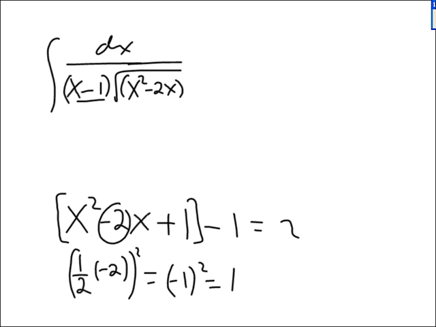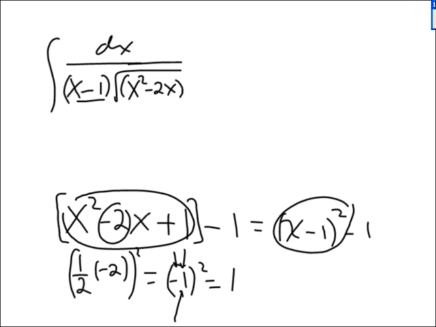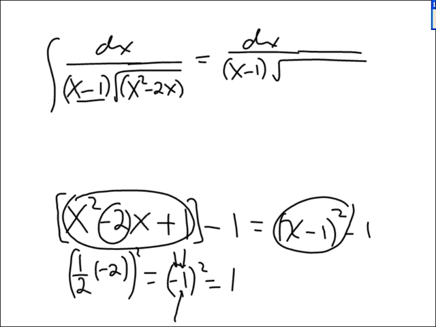What's inside those big brackets is x followed by that number, squared, minus 1. Actually square that out. Make sure that you are getting x squared minus 2x plus 1. Okay, so what we have is dx over x minus 1 times the square root of (x minus 1) squared minus 1.